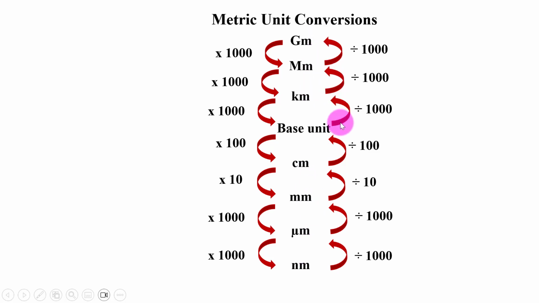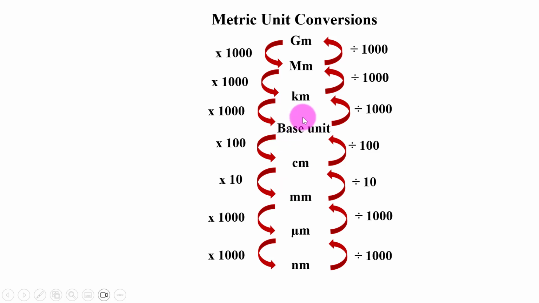So the second letter tells you what the unit is, and then the first letter of the symbol tells you what the prefix is. So G stands for giga, capital M, not to be confused with little m, is the mega, K is the kilo.